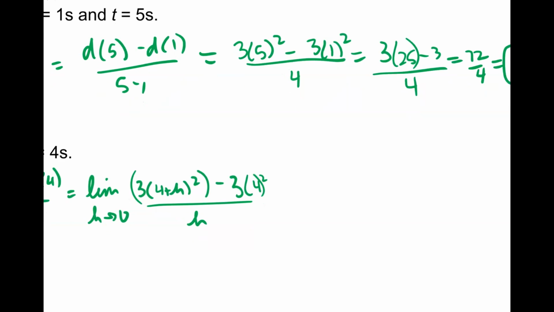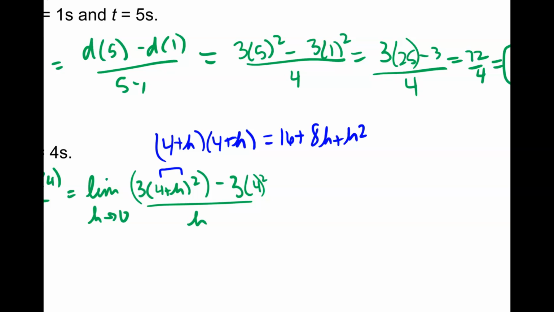Alright, so the tricky part here is knowing how to FOIL this together. You're doing 4 plus h times 4 plus h. So you end up with 16 plus 4h plus 4h, so that's plus 8h plus h squared. And then we're going to be distributing out 3. So 3 times 16 is 48, plus 24h plus 3h squared, minus 4 squared 16, so minus 48, all over h.